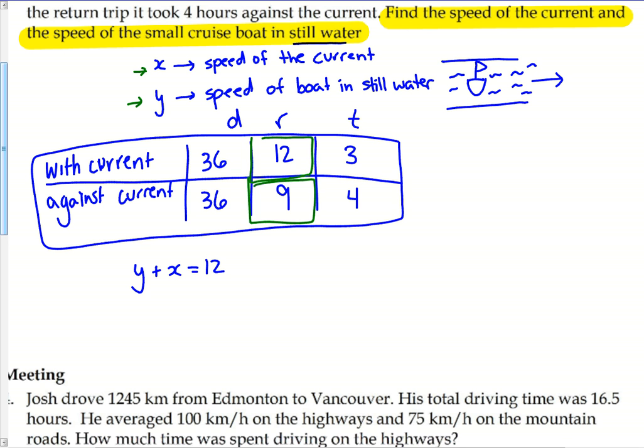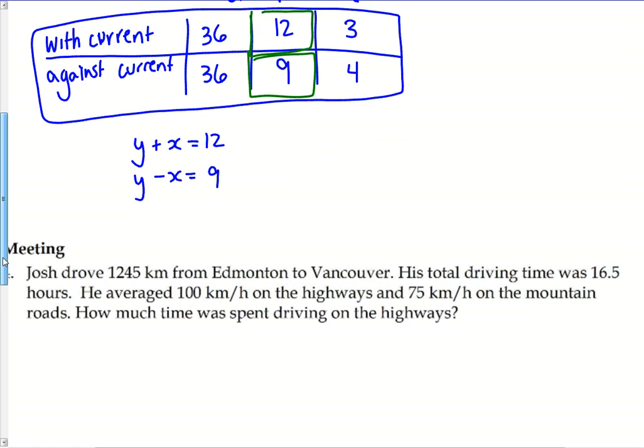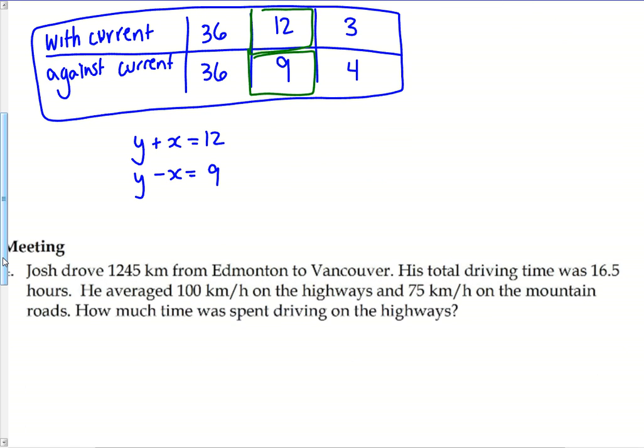Would you agree? Okay. And when you're going against the current, it's your speed in still water, which is what? Y. And then what do you do with your current if you're against it? Is it speeding you up or slowing you down? Slowing you down. So you're subtracting the current speed, and that will equal 9.